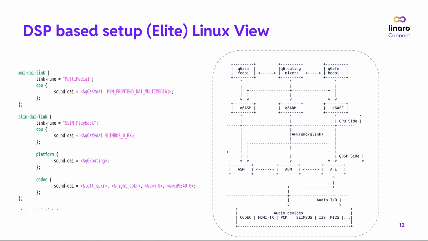We configure a SLIMbus, and then the routing between the PCM streams and the codec is done by ADM, that's called Q6 routing there. And then the typical speakers, actually the WSA speakers sitting on the other end, are configured as a codec. So that's a typical mapping there.